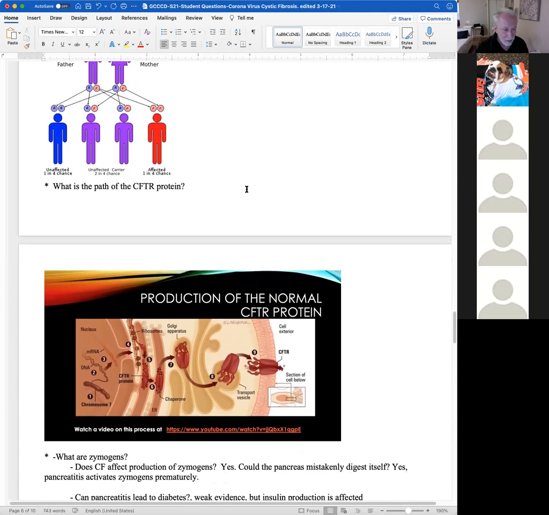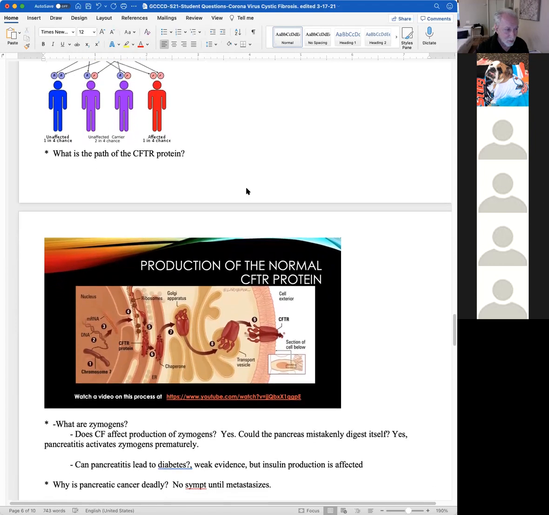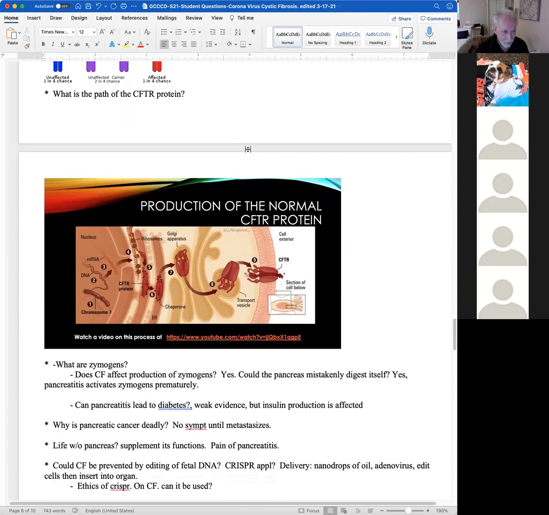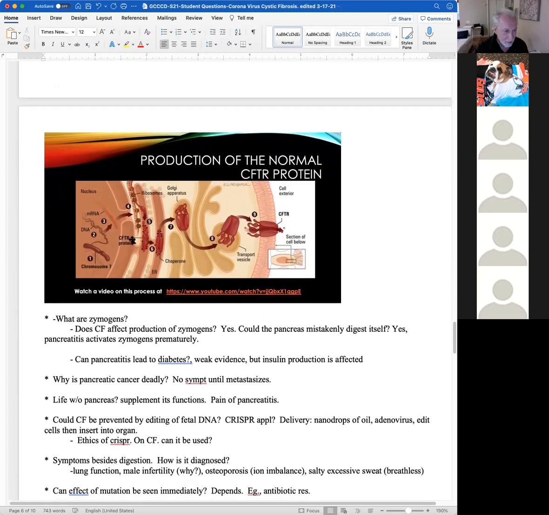All right, to change the subject somewhat, some questions about the path of the CFTR protein. For that, go to the slide, which you see here, it's in your slide set, which shows the path from DNA to protein and membrane. So the CFTR protein is encoded on chromosome 7.